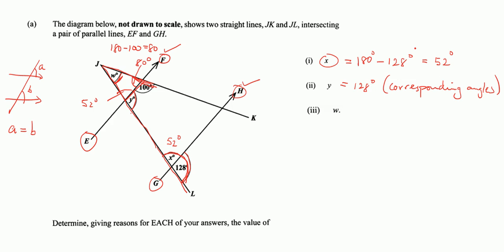So we know this is 80 degrees and this is 52. So therefore W, because we have a triangle, remember the angles in a triangle add up to 180.